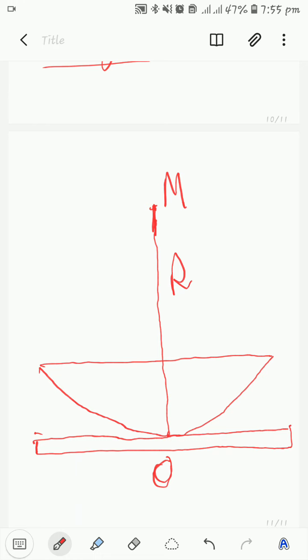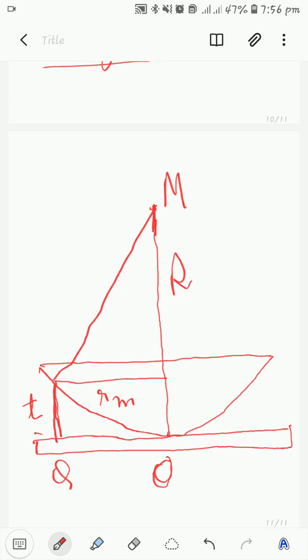It is denoted by capital R. So at some point of thickness T, there is a dark fringe, at a point Q. So we'll denote this radius as small rm, and from here to here this will also denote the radius of curvature for that particular thickness. Okay, and this distance here, let us name this as N, and this distance is also known as T. Here this point is known as P.